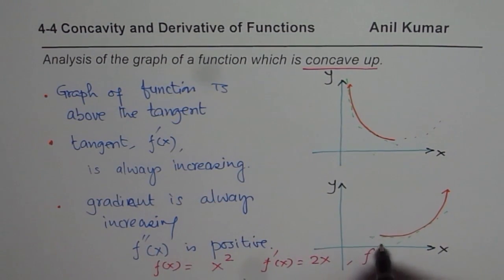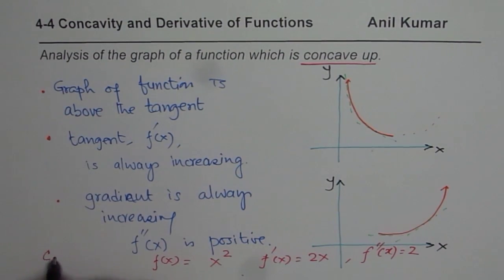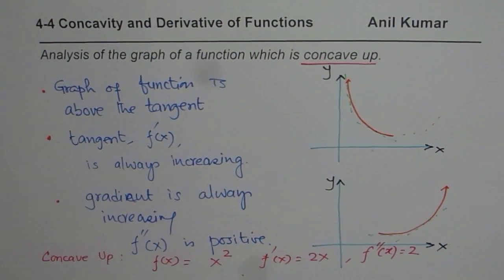And then you also notice that the second derivative for the function is 2, which is positive, correct? So the second derivative is positive. That means on the entire domain of this function f of x equals x squared, the graph of the function should be concave up. So that's an excellent example for concave up.